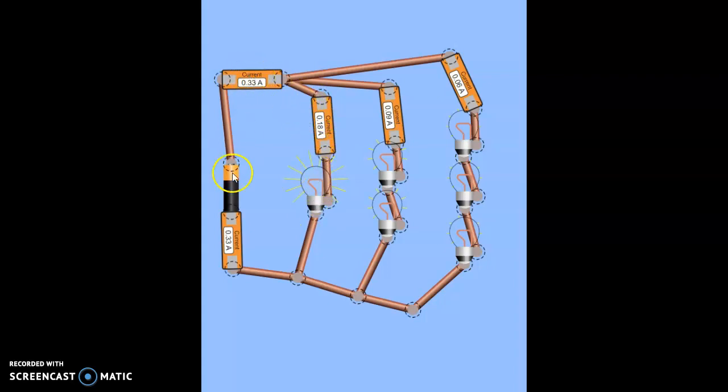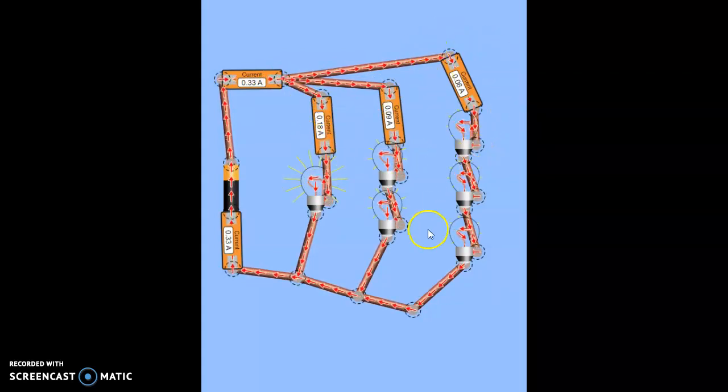We see the trunk wire in and out of the battery right here and here is the same at 0.33 amps. And you may or may not notice this right off the bat, but if you add 0.18 to 0.09 to 0.06, that does all total up to 0.33 amps, which means that the total amount of flow, all of that charge that's coming through this ammeter here, is splitting into 3 different sections, but they are uneven.